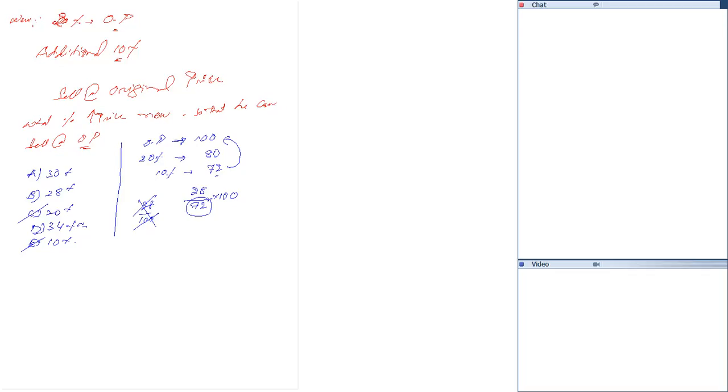What is 0.75 in fraction? 3 by 4. That's something you need to remember. Suppose they ask what is 41% of 240.